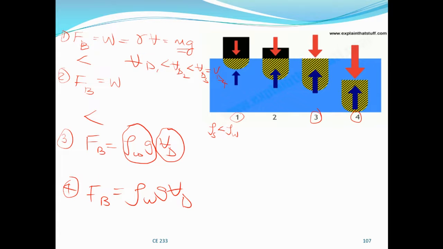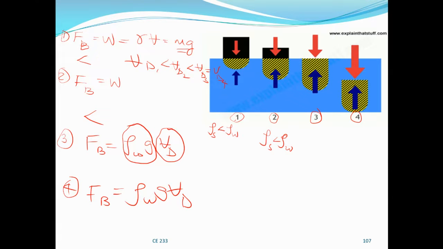In the second case also, the density has increased, but it is still less than the density of water. But in this case, rho S2, the density in the second case, is greater than the density of the ship in the first case.